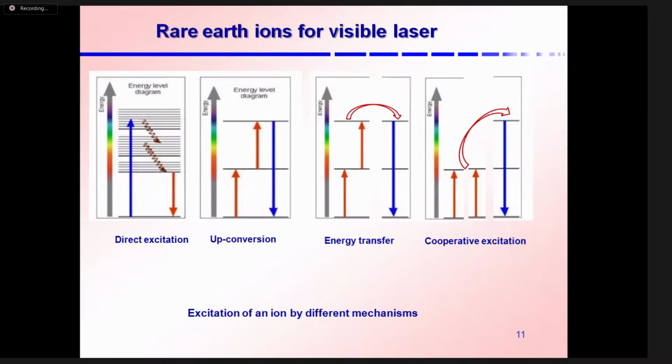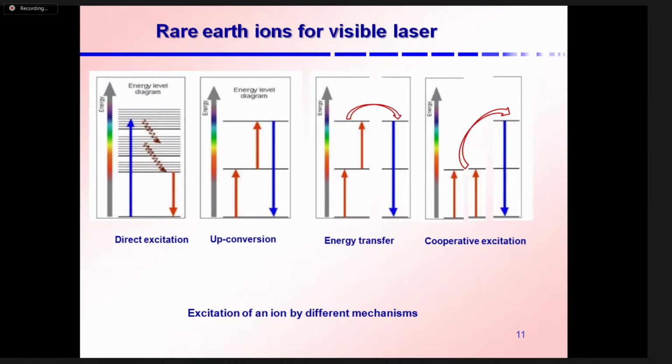It's possible to work with direct excitation, but it's necessary to understand that if you use direct excitation, then the radiation you will use is blue or UV radiation. That's why it is very close to the fundamental absorption band.